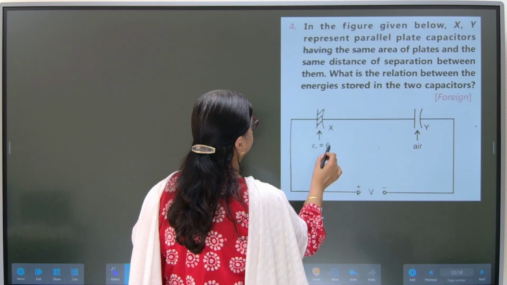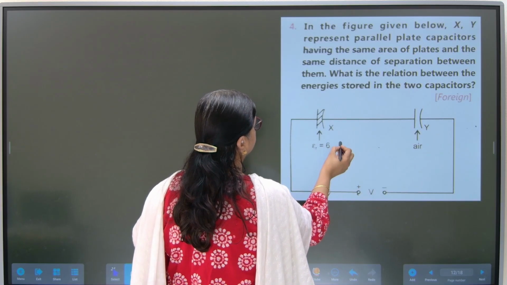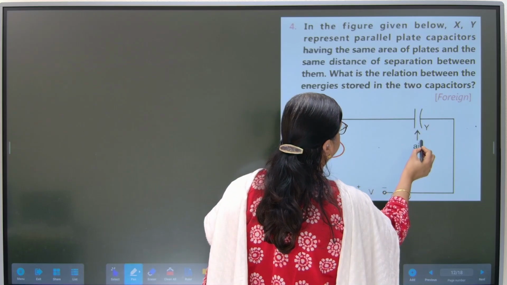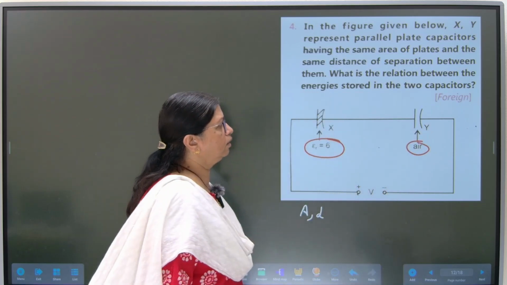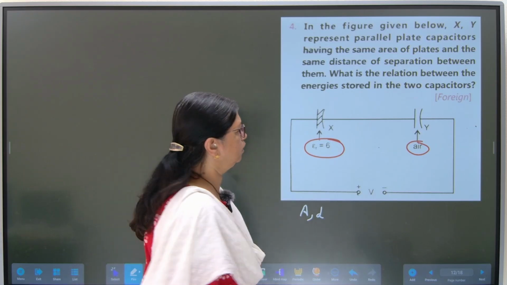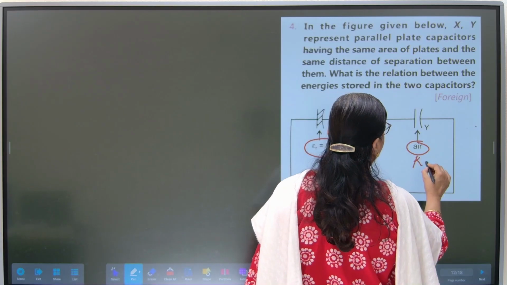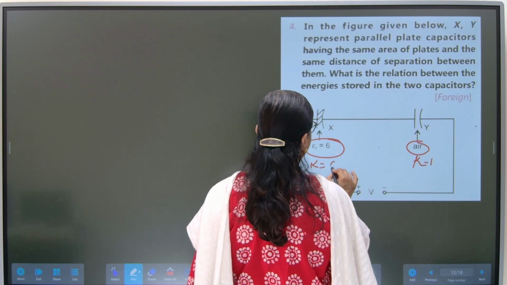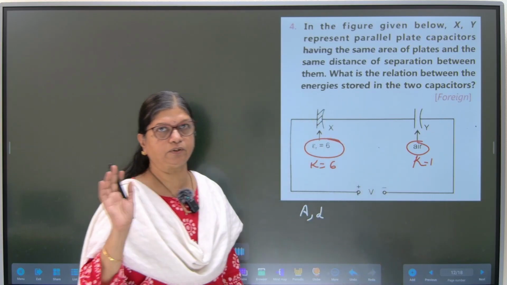In the diagram it is also seen that the dielectric constant for X is 6 and the dielectric for the capacitor Y is air itself. So K is equal to 1 here. And here we have K is equal to 6. We can as well say epsilon R is equal to 6.